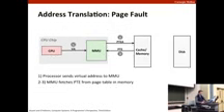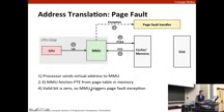Now, a miss is, in this parlance, called a page fault. In this case, the same thing happens as before: the CPU sends the virtual address to the MMU, and the MMU fetches the PTE from memory. But then when the MMU looks at the PTE, it sees that there's either an invalid, or 0, valid bit, or it indicates that the data is stored on disk. And so the MMU triggers a page fault exception, which transfers control to the page fault handler.